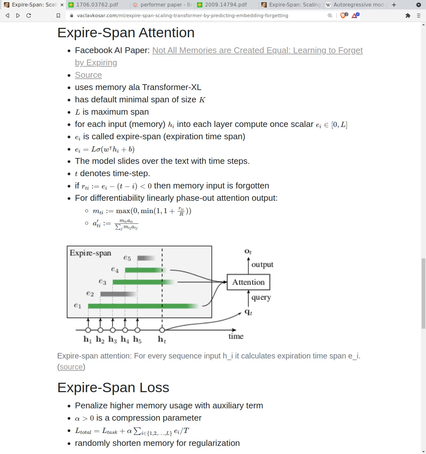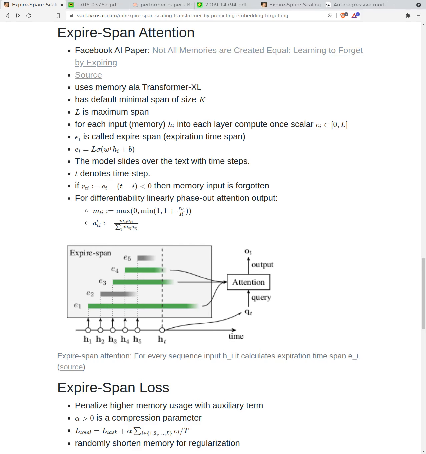In this way, it can selectively forget certain embeddings, certain parts of the sequence, in the corresponding layer. In each layer of the transformer it does this. It can learn to forget, learn to remember what is important.